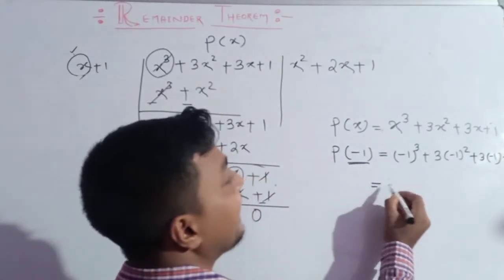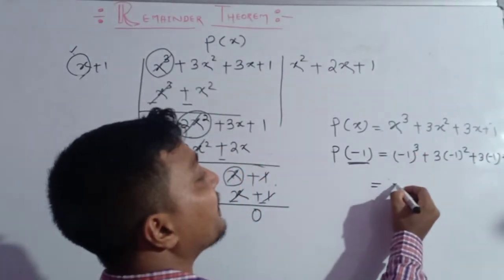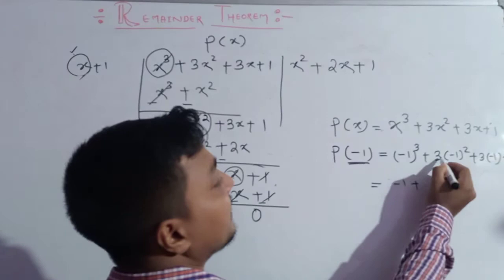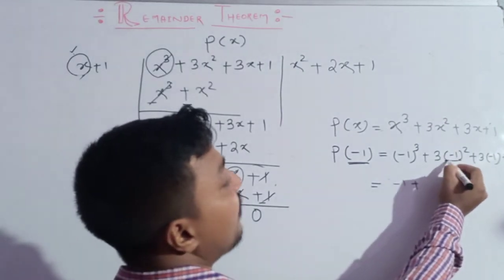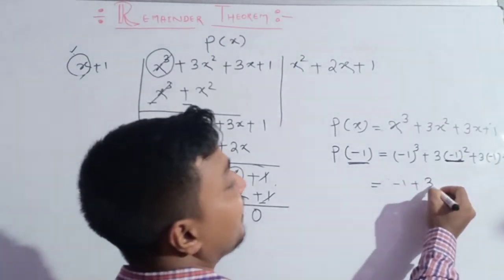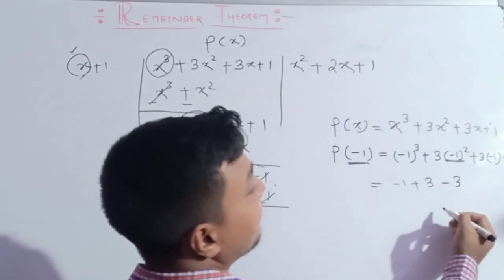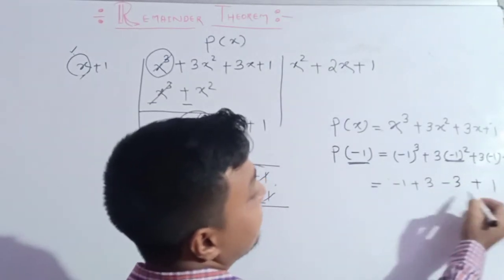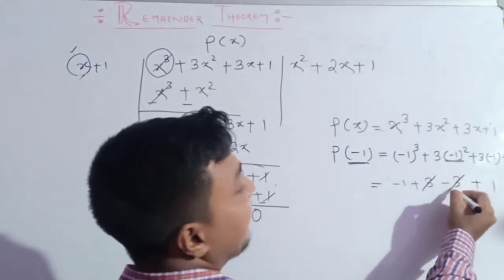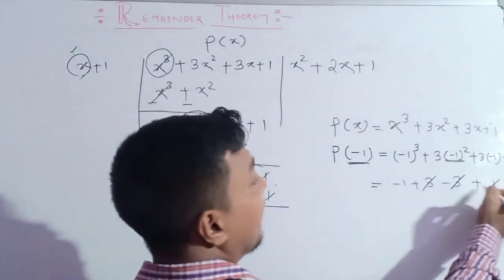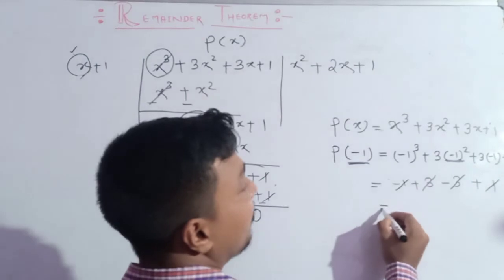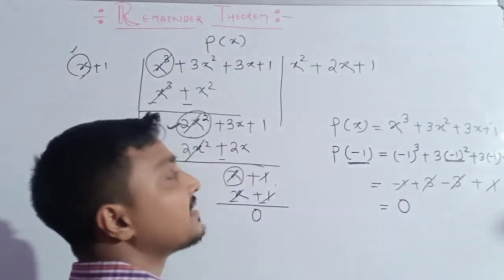On simplifying, you get (minus 1) cube, which is minus 1, plus 3 into (minus 1) square, which means 1 into 3, equal to 3. And here it is 3 into minus 1, which becomes minus 3. And here it is plus 1. See, 3 minus 3 cancels, and also 1 minus 1 cancels.